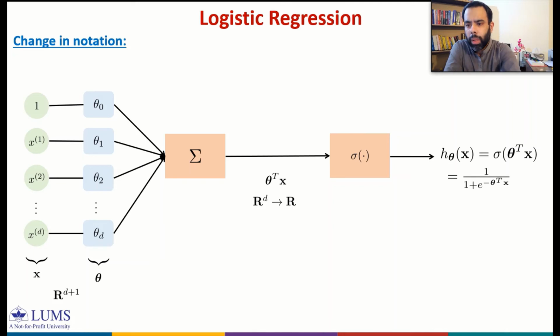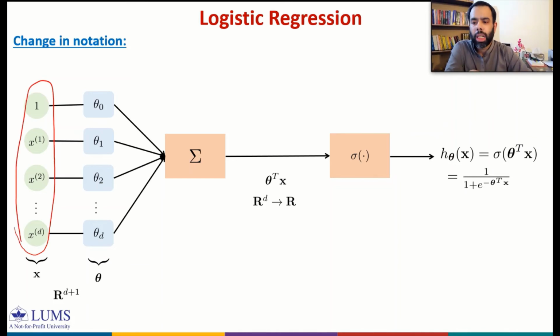Previously we said x1, x2, up to xd was x, but from now onwards, when we say x, we will also include this 1 here. So x belongs to R^(d+1). Similarly, theta includes theta 0, theta 1, theta 2, up to theta d. Theta also belongs to R^(d+1).